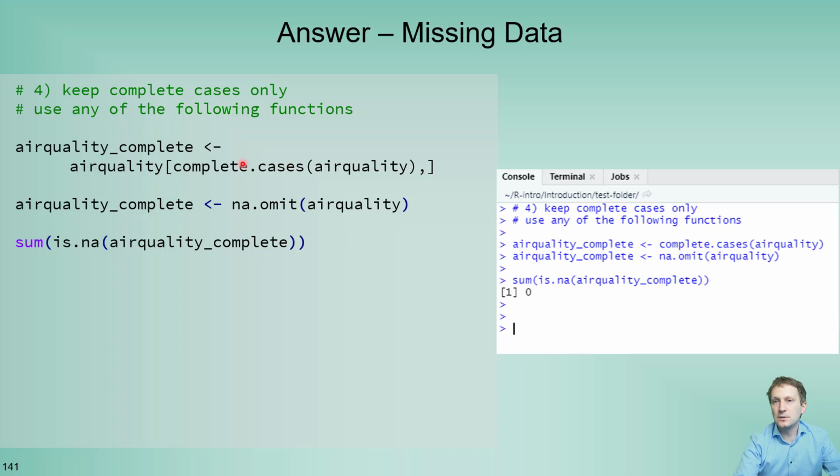And then we can use the bracket to select the complete cases out of this. The easier way is to simply use the na.omit function. Both lead to the same result. And then if you check our newly assigned air quality complete data set, we see that there are 0 missing values remaining.